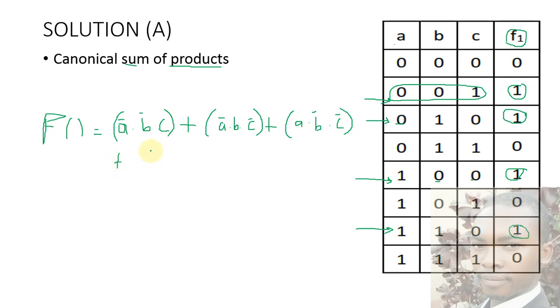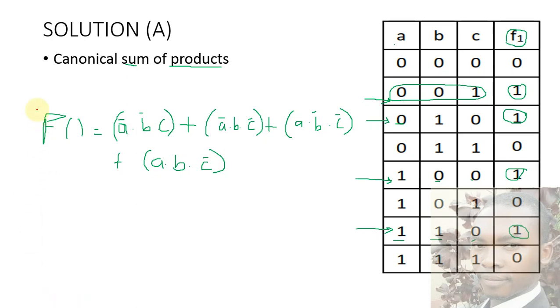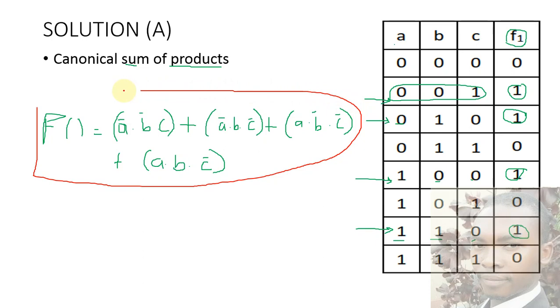Are they over? I don't think so, because we are from here. So lastly, this 1 in A means A just, and then a 1 in B means B not complemented, and then a C here which is 1, that one becomes C. So therefore here we have expressed this function as the sum of products.